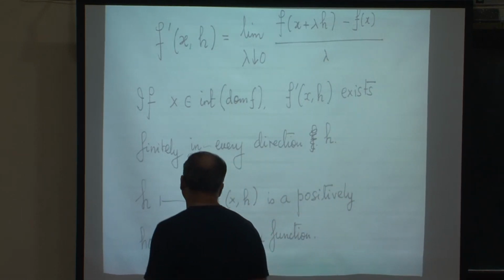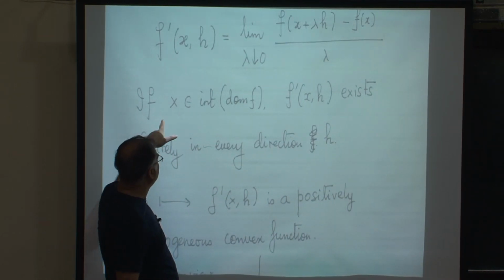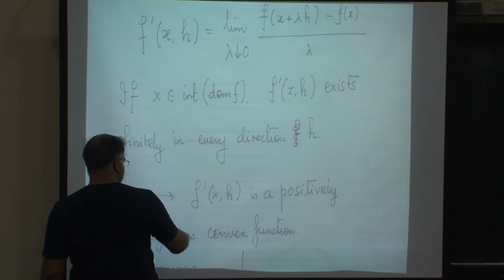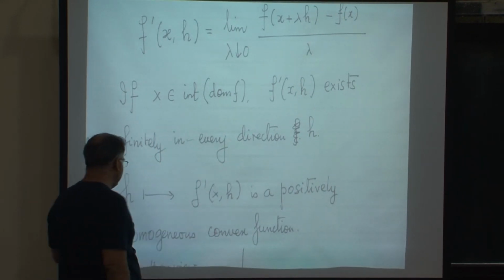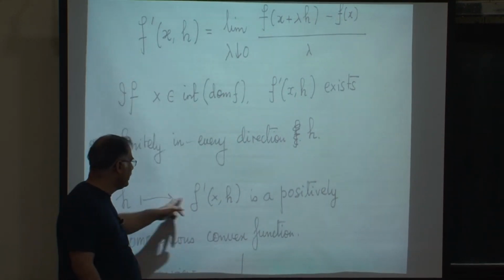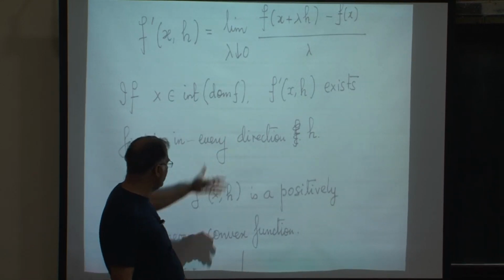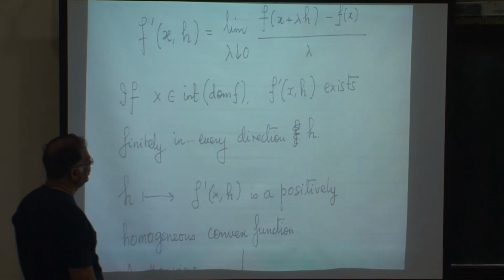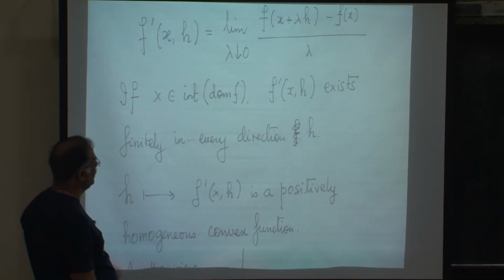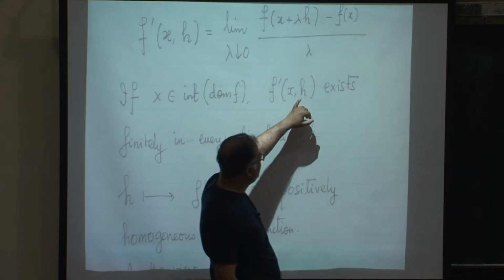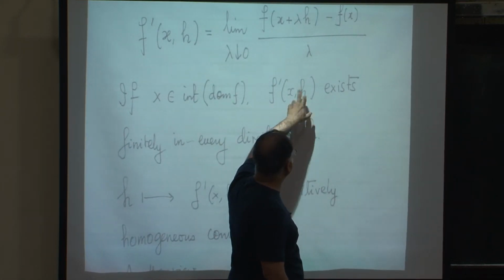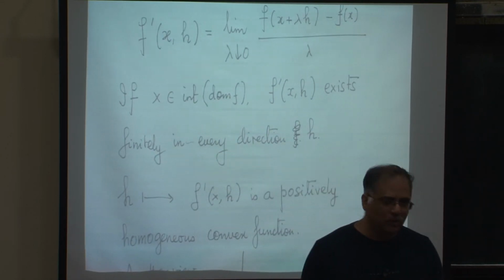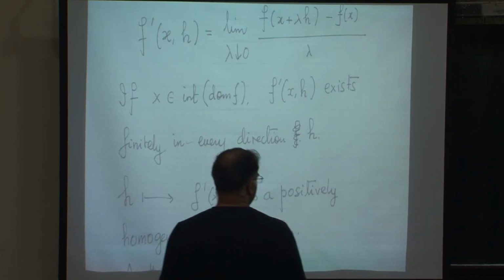But if this exists, it will be finite if you are taking elements from the interior of the domain. Fixing x in the interior of the domain, whatever h you take, the directional derivative of a convex function is a finite positively homogeneous convex function.